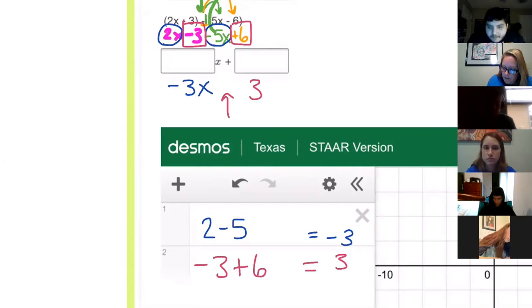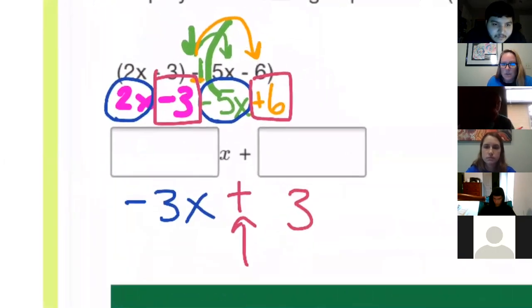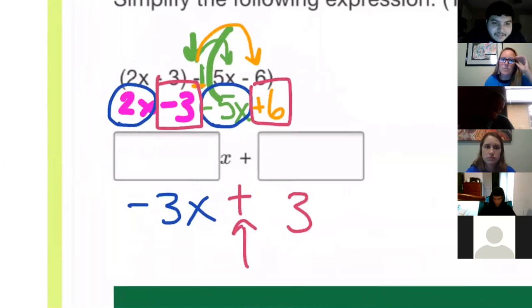There it is, positive. There we go. I see people coming in, positive, plus. So this number doesn't have a sign in front of it. So you know that if it doesn't have a sign in front of it, it's going to be a positive, and that's why that goes there. All right, last part, let's plug it in. Make note of the boxes if you're not doing this actually on the assessment with us so that you know what to type. All right, so what goes in the box?